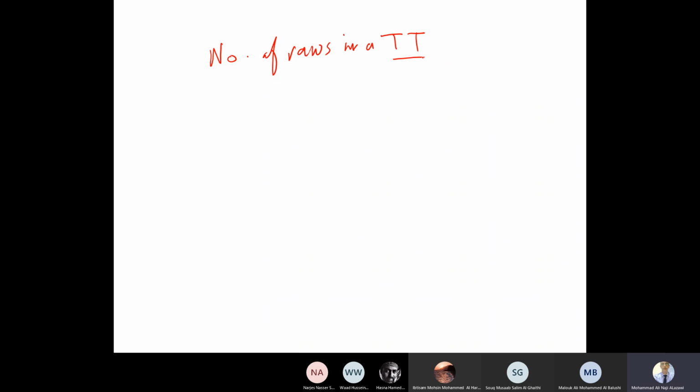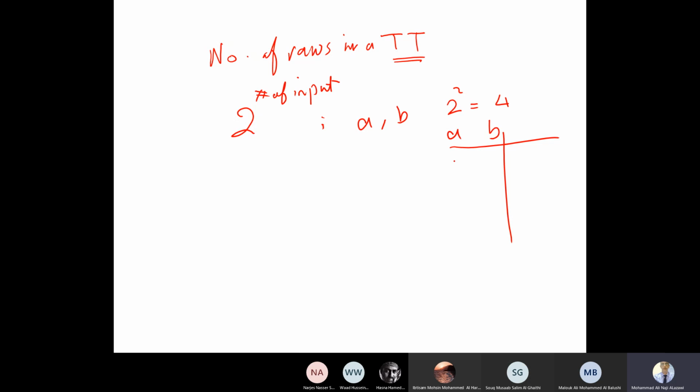TT means truth table. Remember, 2 to the power number of inputs. So if I have inputs A and B, then I have two inputs, which means the truth table will have 2 to the power 2, which is equal to 4. A, B: 0 0, 0 1, 1 0, and 1 1.